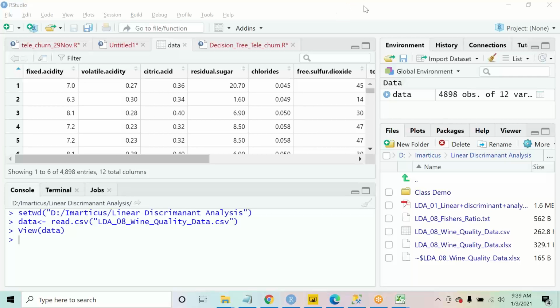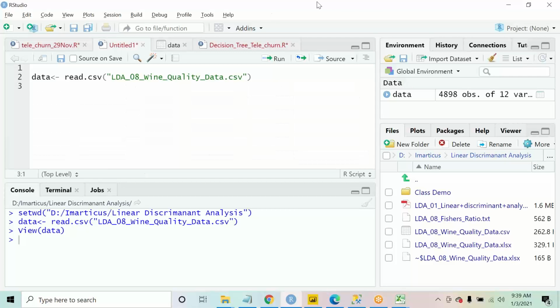Okay, please do this. First of all, upload the data. Done.